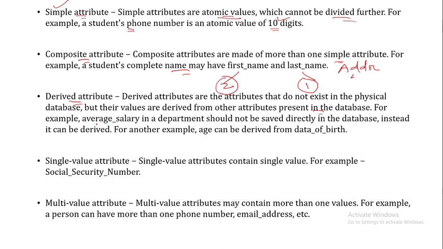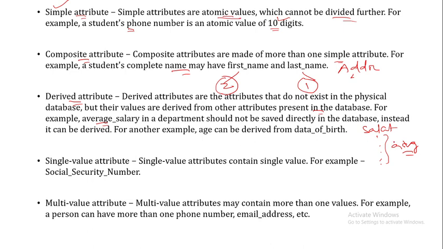For example, average salary. The average salary is never present in your database, but to calculate it, we go to the salary attribute, see how many persons there are, and from there calculate the average salary. This is an attribute that gives us the average salary of an organization. So this is a derived attribute.